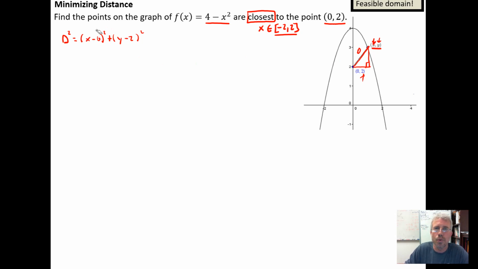That would give us the square of that distance. I could simplify this down a hair to get x squared plus (y minus 2) quantity squared.